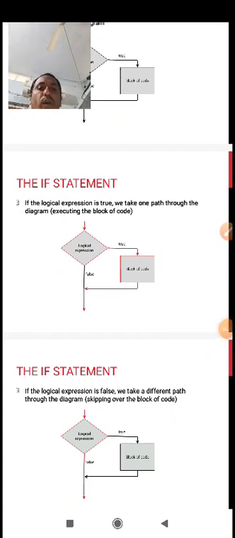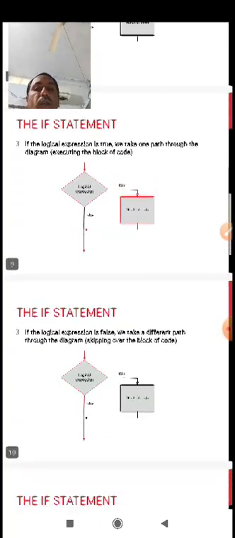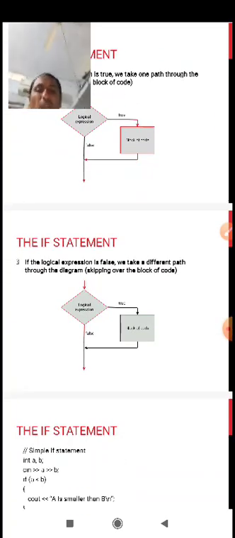We take one path through the diagram and execute the block of code. If the logical expression is false, we take a different path through the diagram, skipping the block of code.